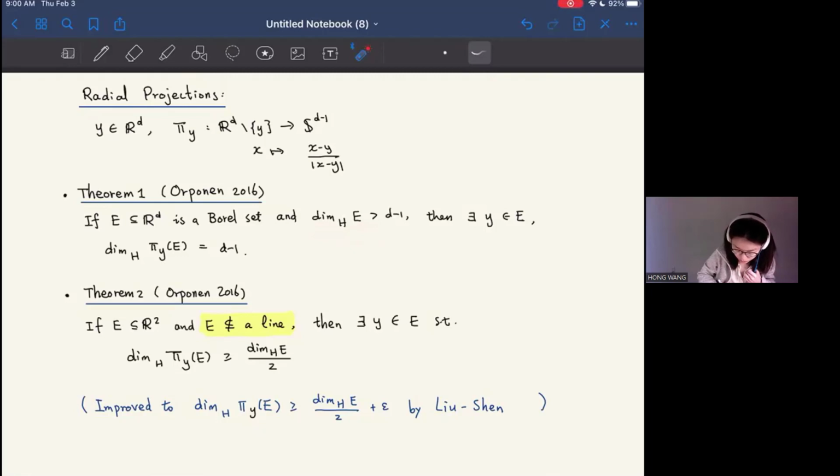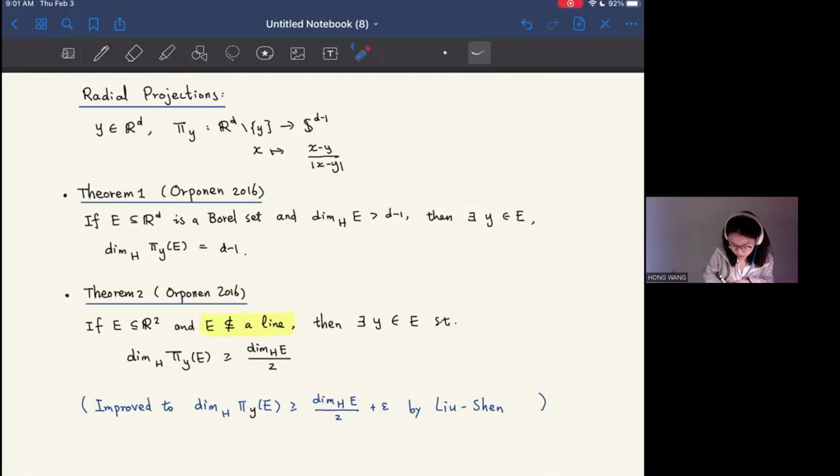So the second theorem is that if E is a subset of R2 and it's not containing any line, otherwise the radial projection is trivial, then there exists Y in E such that the Hausdorff dimension of the radial projection image from Y is greater than 1/2 of the dimension of E.